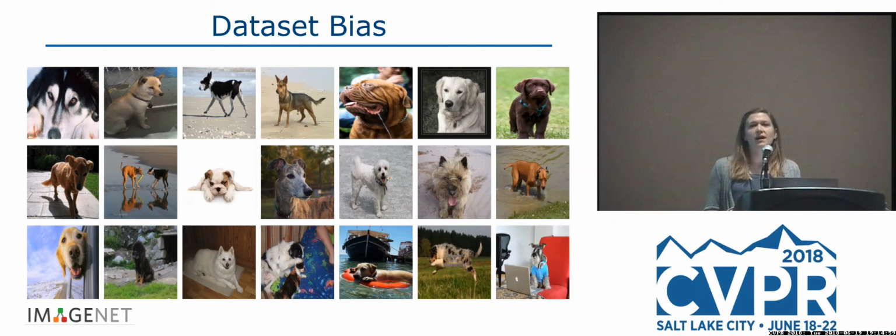If you think about how this data set was collected, it was collected by scraping social media sharing sites. When you're trying to share images with your family and friends, you have a particular bias in terms of the type of images that you would like to share. If you're taking a photo of your dog, you're very likely to post a photo of the dog's face, because that seems interesting to you.